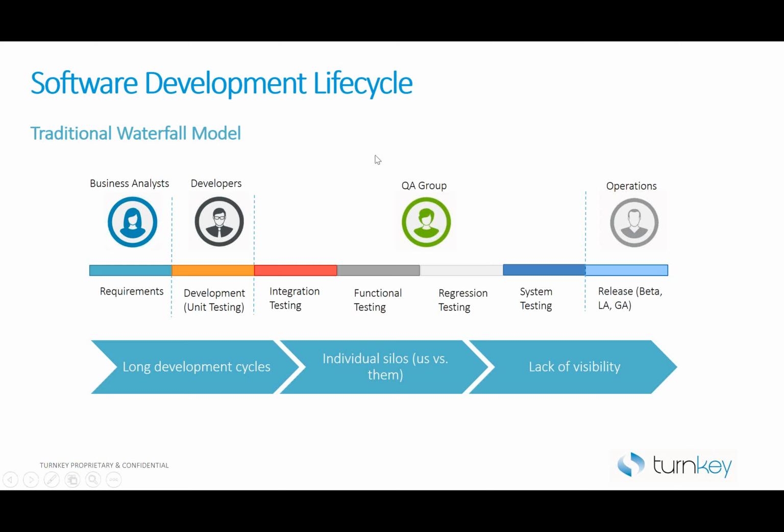This traditional waterfall approach pushes feature completion first with gated approvals, followed by lengthy QA testing and bug fixing cycles that drive up costs. Long development cycles, silos, and lack of visibility and collaboration are not sustainable in today's world of having to change rapidly in order to keep up with competitors and customer demands, at the same time keeping quality high and cost low.